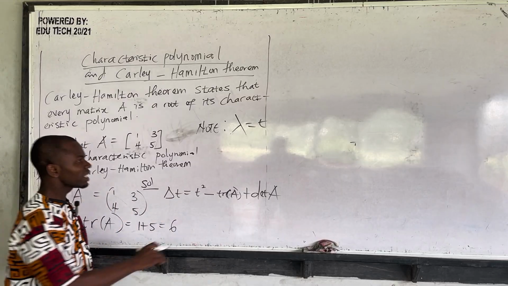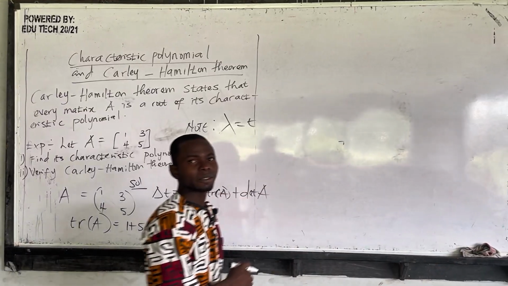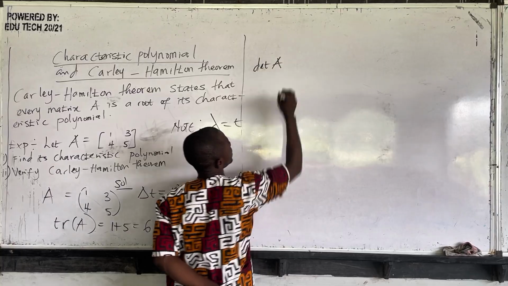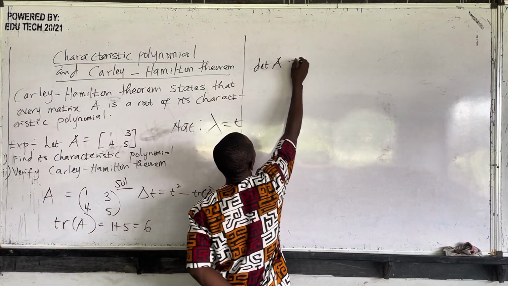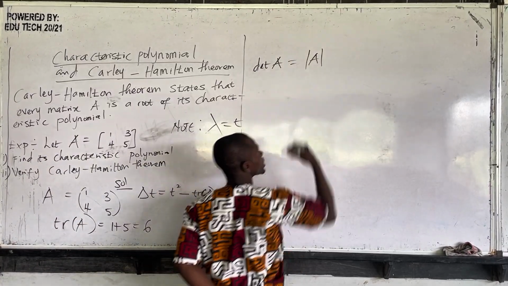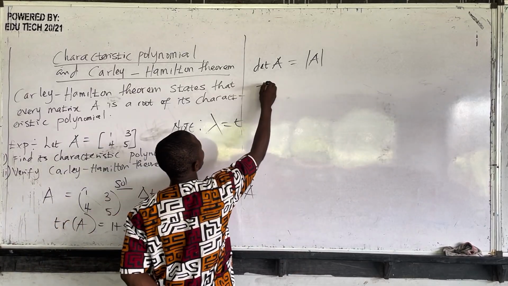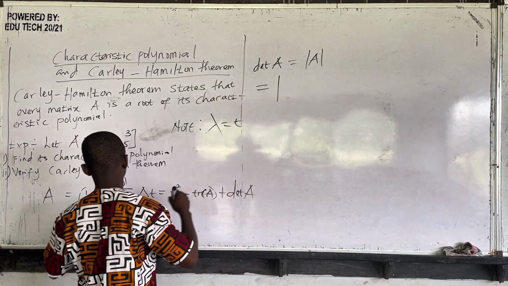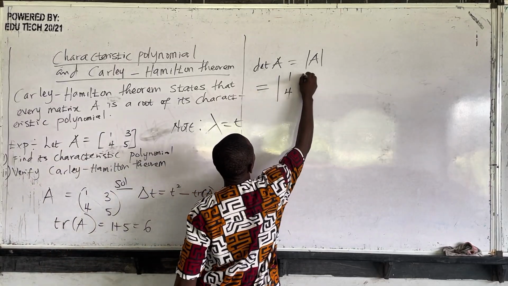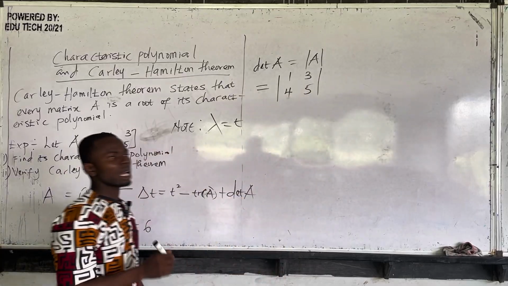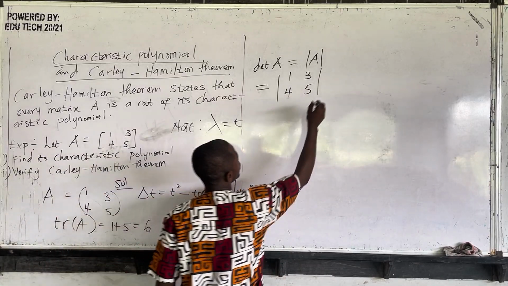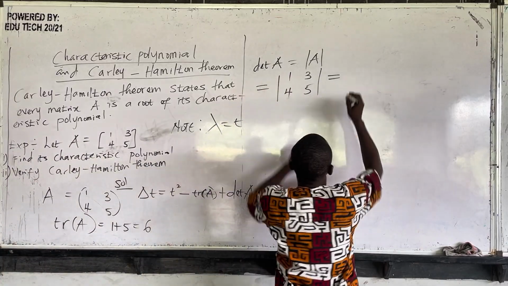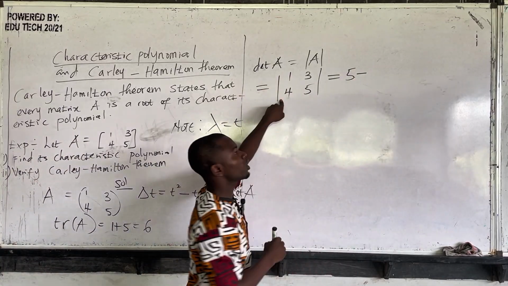As simple as that. Now, for the determinant of matrix A, which we can also write as det A, it is the determinant of the matrix [1, 4; 3, 5]. The determinant is this times this, which is 1 times 5, minus 4 times 3.